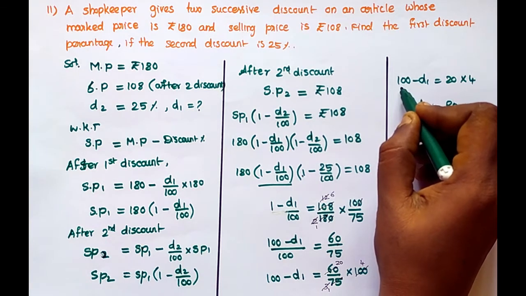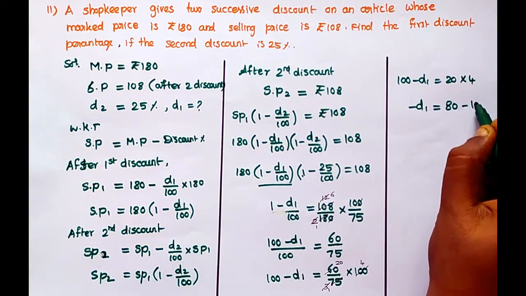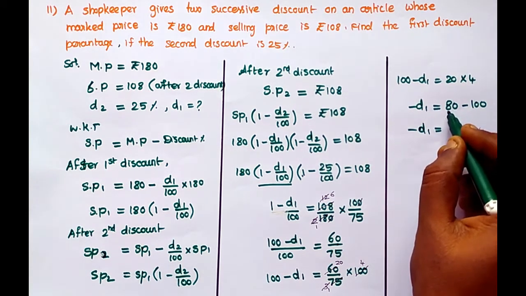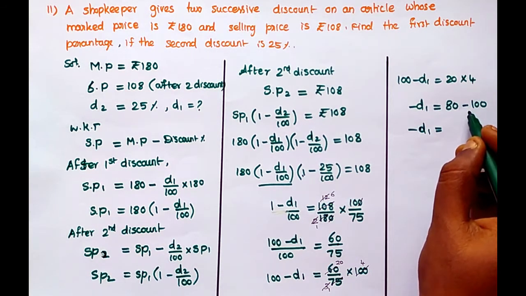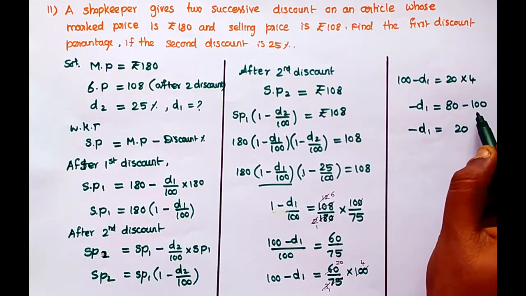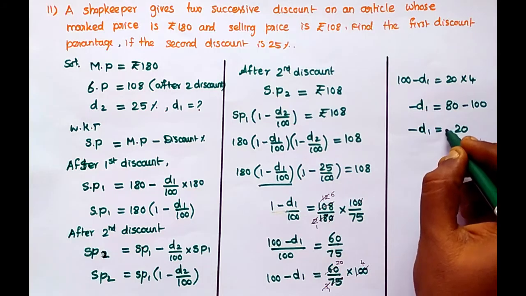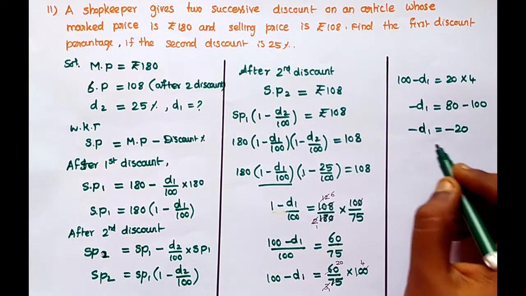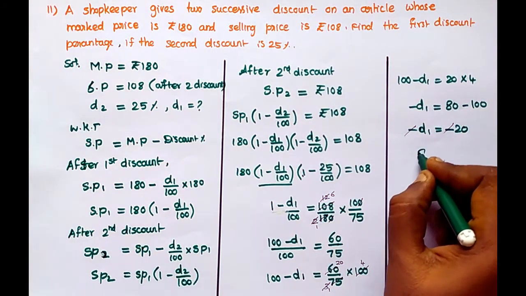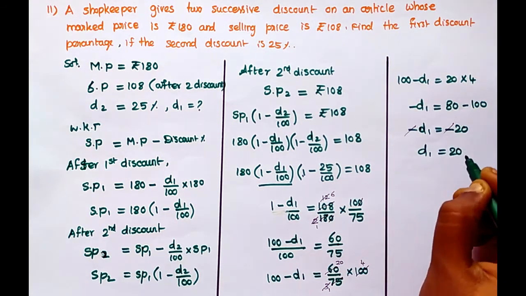Here 100 is in plus sign, bring this side means minus, so minus D1 equal to plus 80 minus 100, so 20 difference. Here 100 is the greater number, so that sign is minus. Now minus minus cancelled, we get D1 equal to 20.